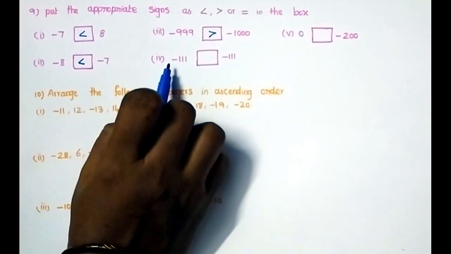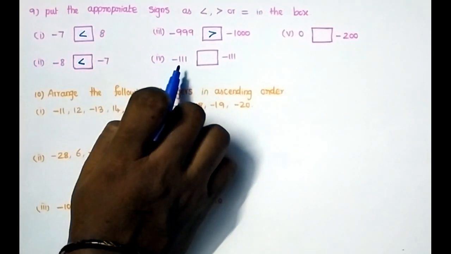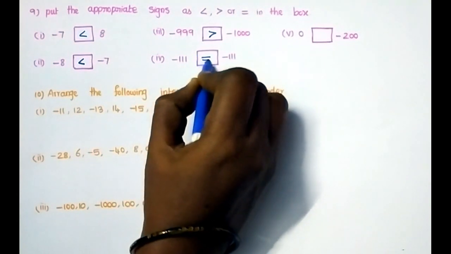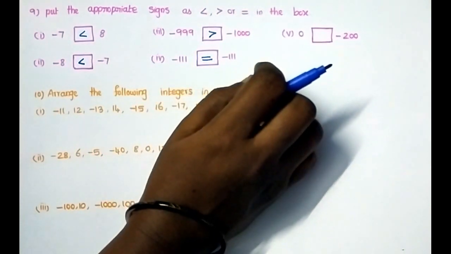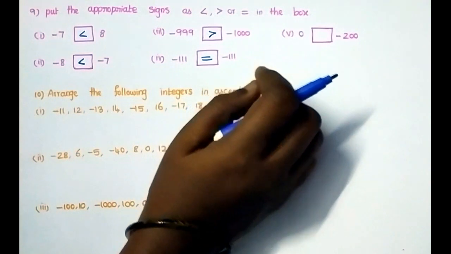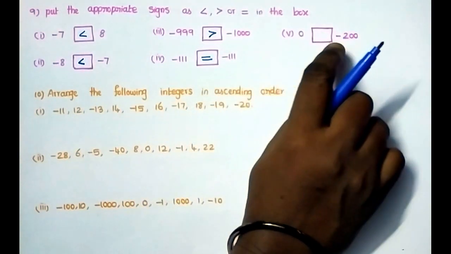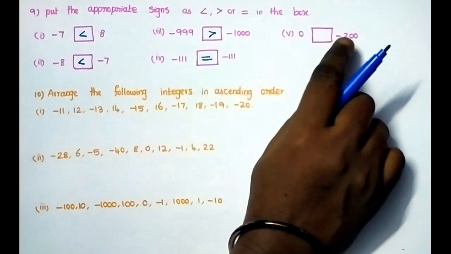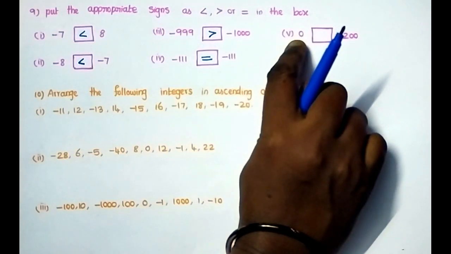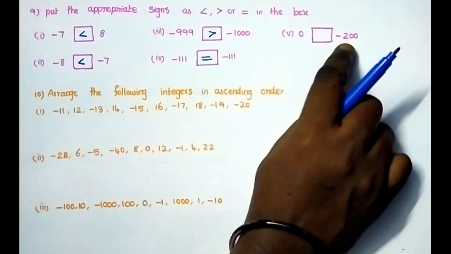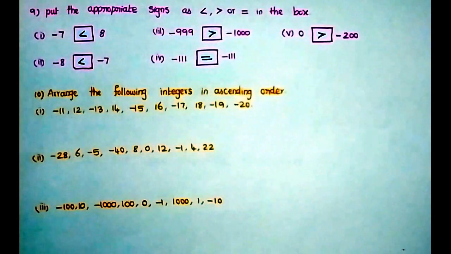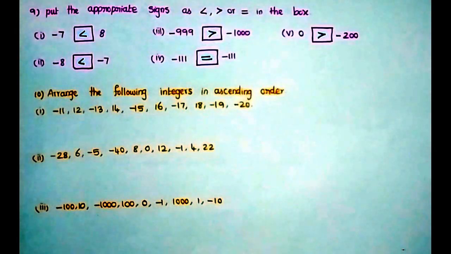Next one, minus 111 and minus 111, that is equal. Then 0 and minus 200. Minus 200 is left of 0. So that is less. That is the answer.